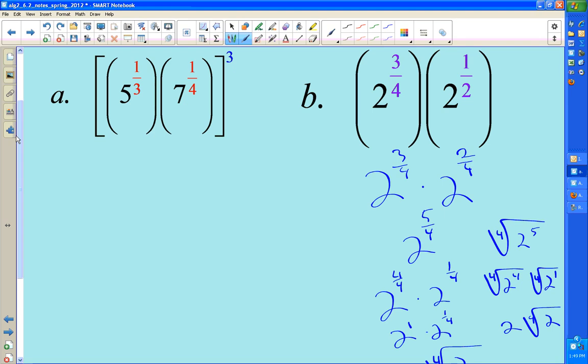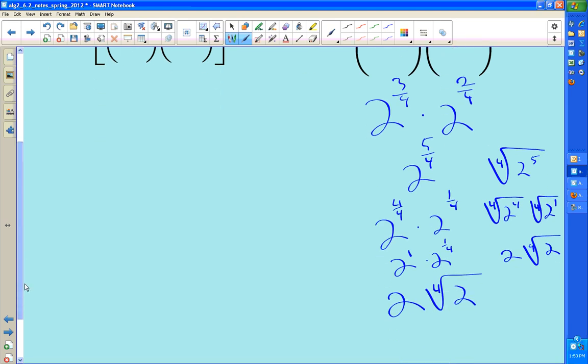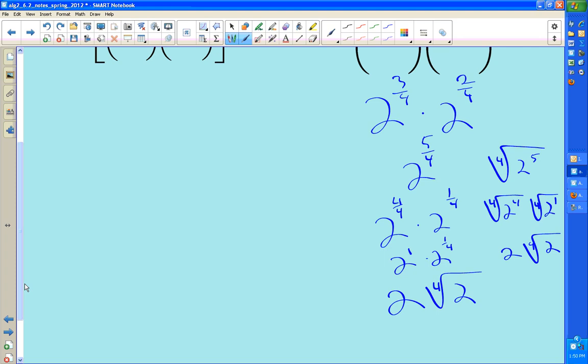How did you get 2 for 6/8? How did I get 2 root 4? I don't have 2 root 4 anywhere. Right here, this is the 4th root of 2. 2 times that.